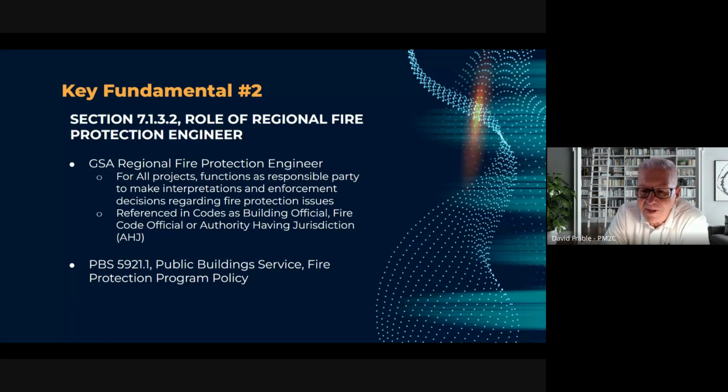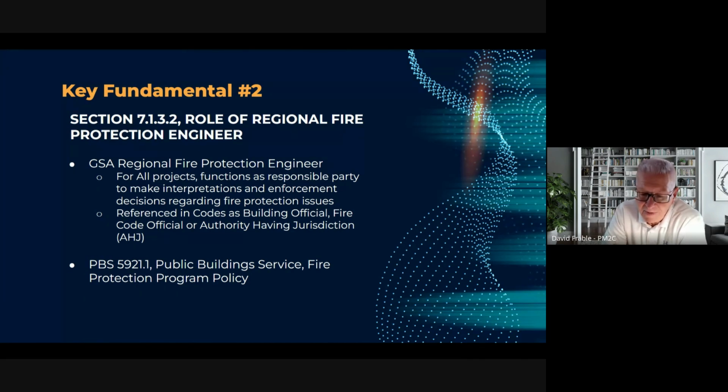The second topic I would like to discuss is the role and responsibility that has been assigned to the Regional Fire Protection Program Office. Please note that the Regional Fire Protection Office, aka the Regional Fire Protection Engineer, functions as the responsible party to make interpretations and enforcement decisions regarding fire protection issues whenever the terms building official, fire code official, or authority having jurisdiction is used in codes and standards adopted by GSA, depending on the application.